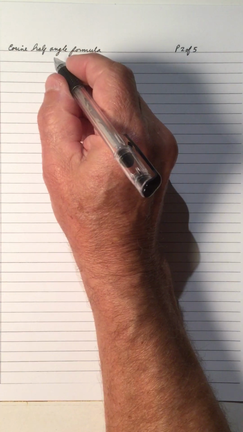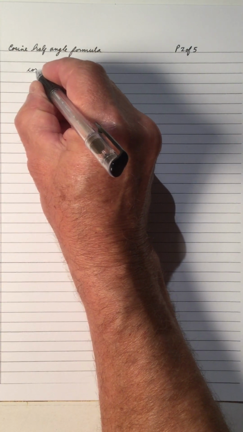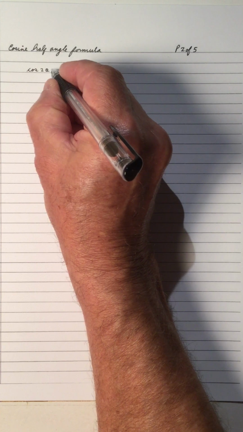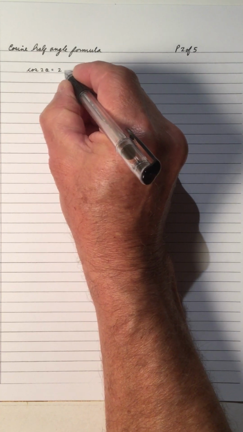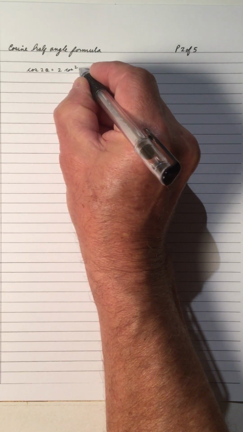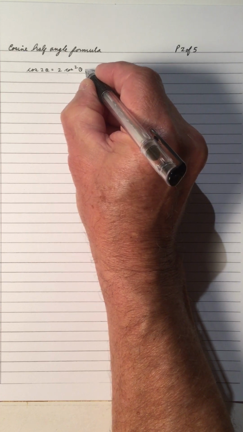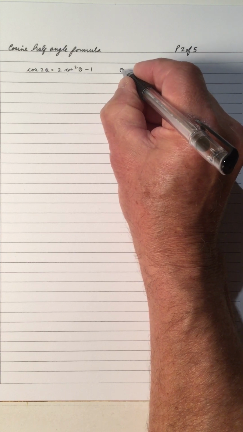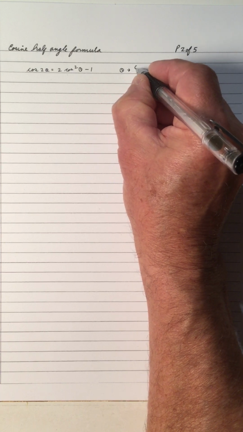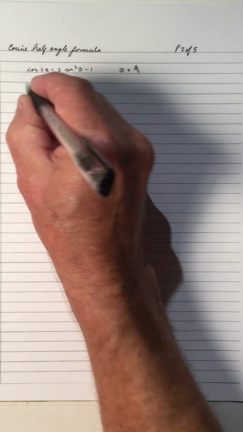Half-angle formulas. The cosine half-angle formula comes out of cos 2 theta equals 2 cos squared theta minus 1. What we're going to do is replace theta with theta over 2.